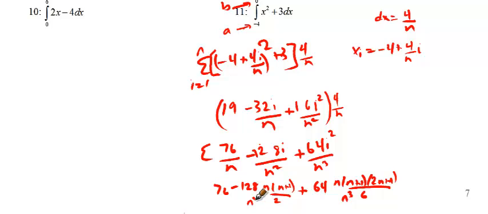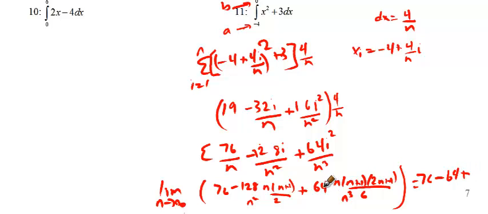Now, this is the area of the curve for n number of rectangles. What we want to do is take the limit as n approaches infinity of all that fun stuff. Well, the first part's just 76 minus, okay, well, the n squareds on top and the n squared on bottom, they're going to cancel out. 128 over 2, or 64.